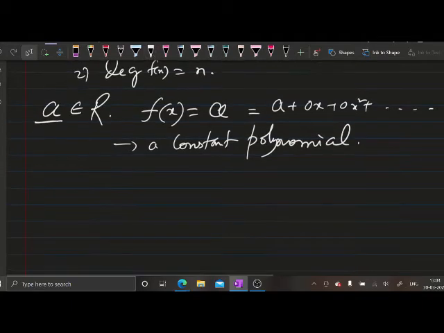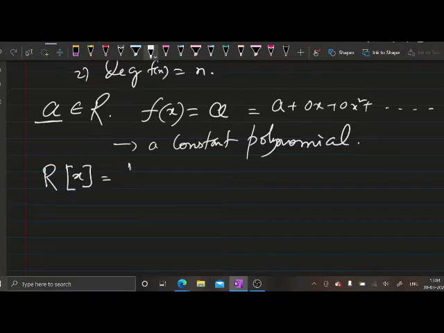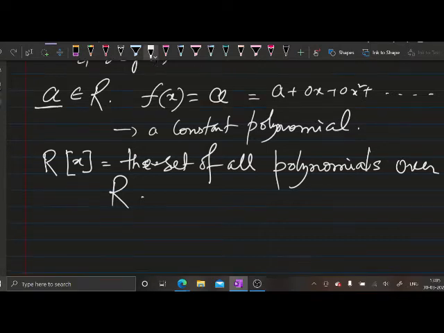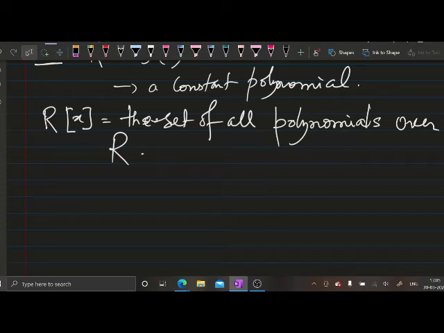Okay. So now let us denote R[x] as the set of all polynomials over R. That means you have considered the coefficients from that ring R. Now our motivation, our aim, is to define on that R[x] an addition and multiplication of polynomials to make it a ring.